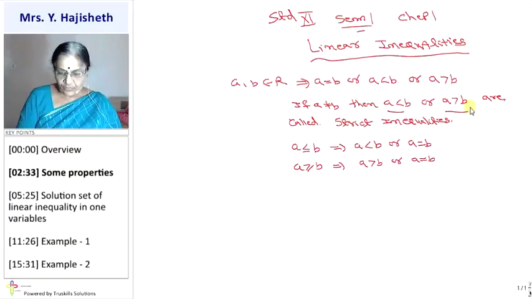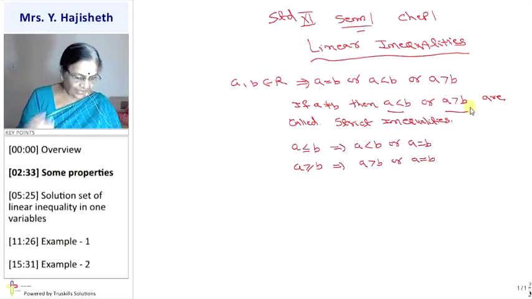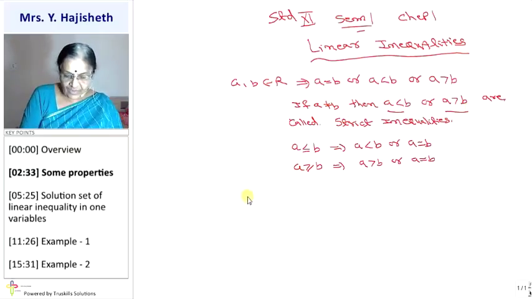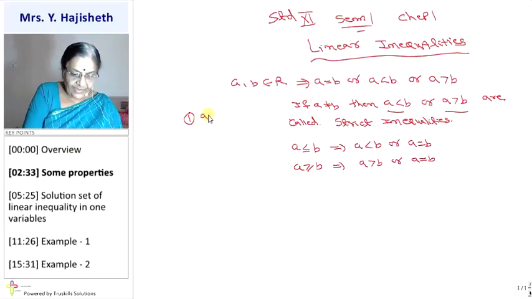Now, for these real numbers A and B, we have learned in our lower standard some properties. They have given the list of properties. A greater than B if and only if A minus B greater than 0. Clear?